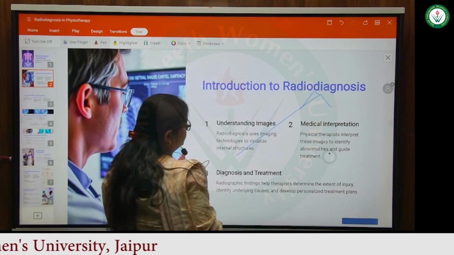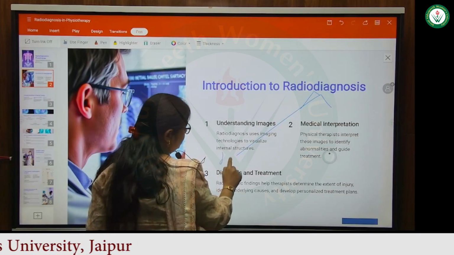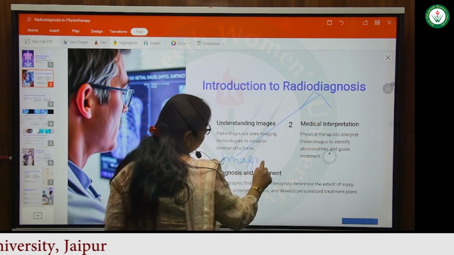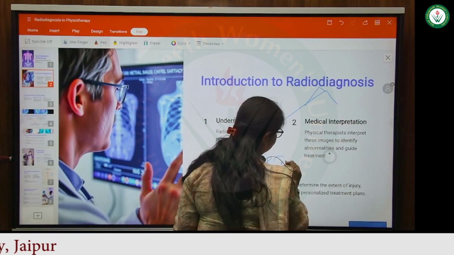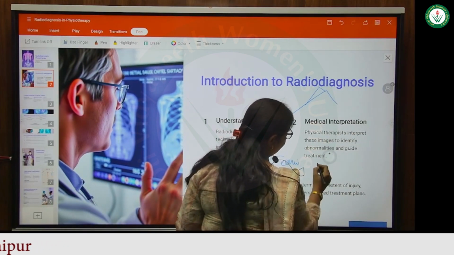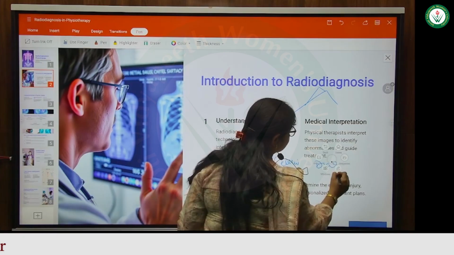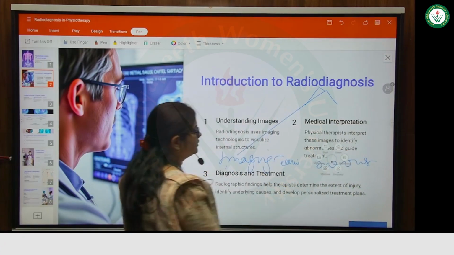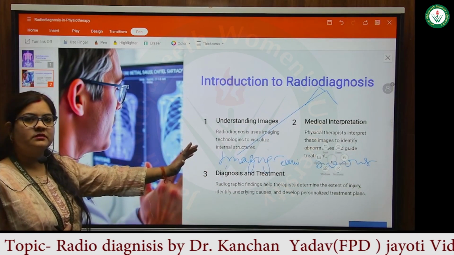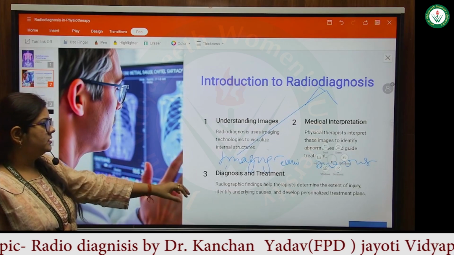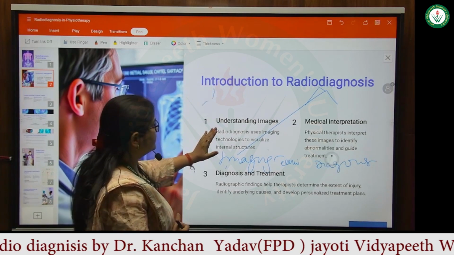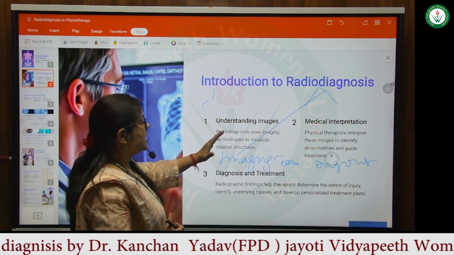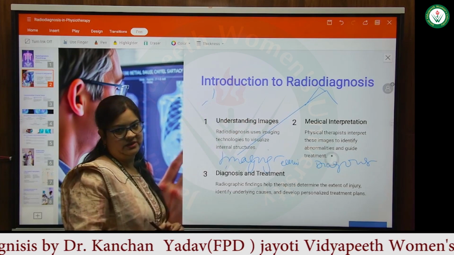The first one is the imaging technique, and the second one is the diagnosis. It means that we are doing diagnosis through the imaging techniques. So now the main part in radio diagnosis is how we understand the images.